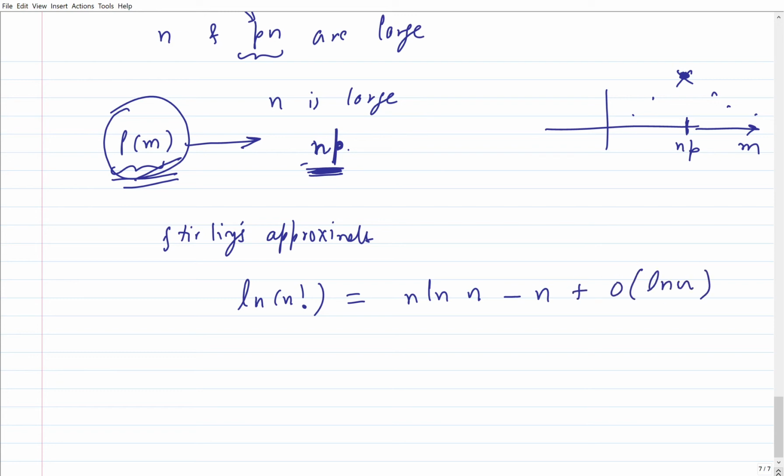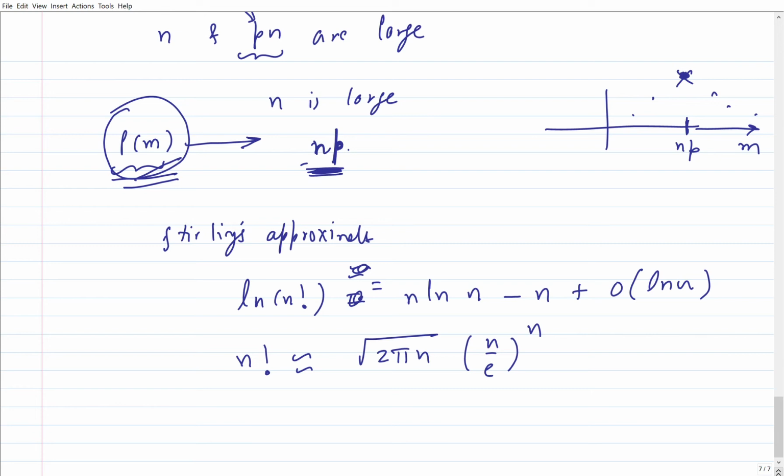That's how you approximate this thing. And more precisely, you can express n factorial as approximately the square root of 2 pi n times n over e to the power of n.